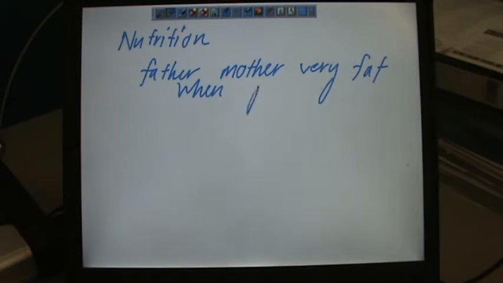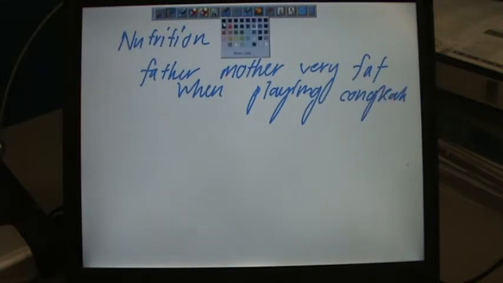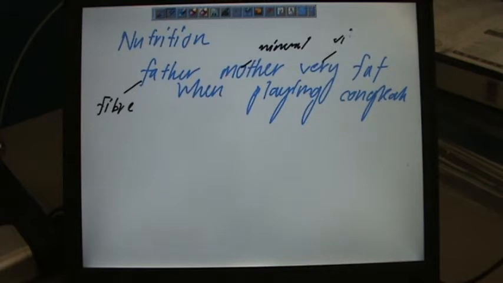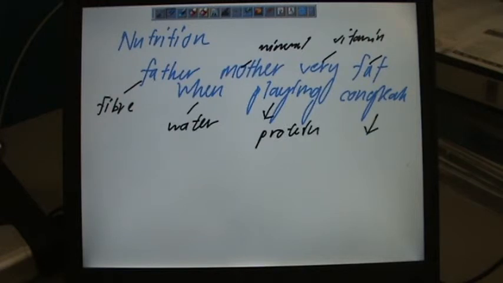Okay, father stands for fiber, mother stands for mineral, very stands for vitamin, fat stands for fat. So this one stands for water, and this playing stands for protein, and this congkak stands for carbohydrate. Okay, so father, mother, very fat when playing congkak.